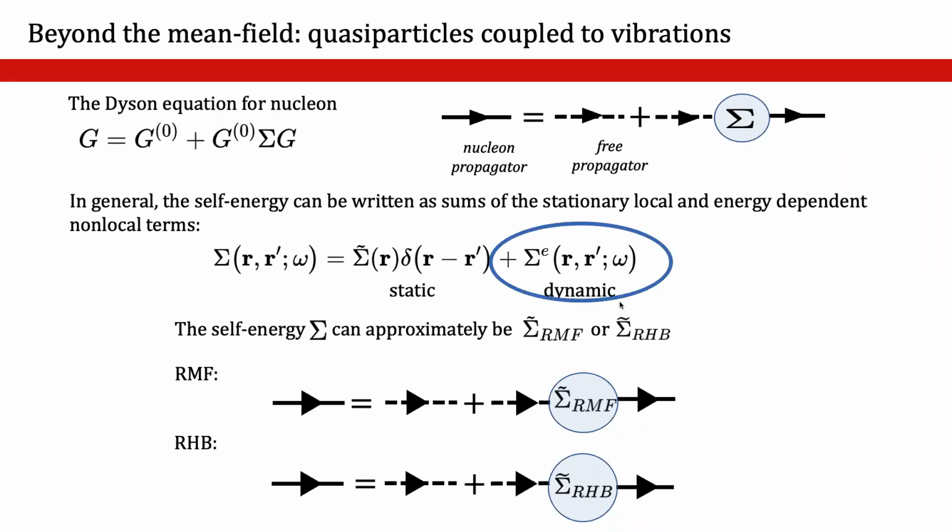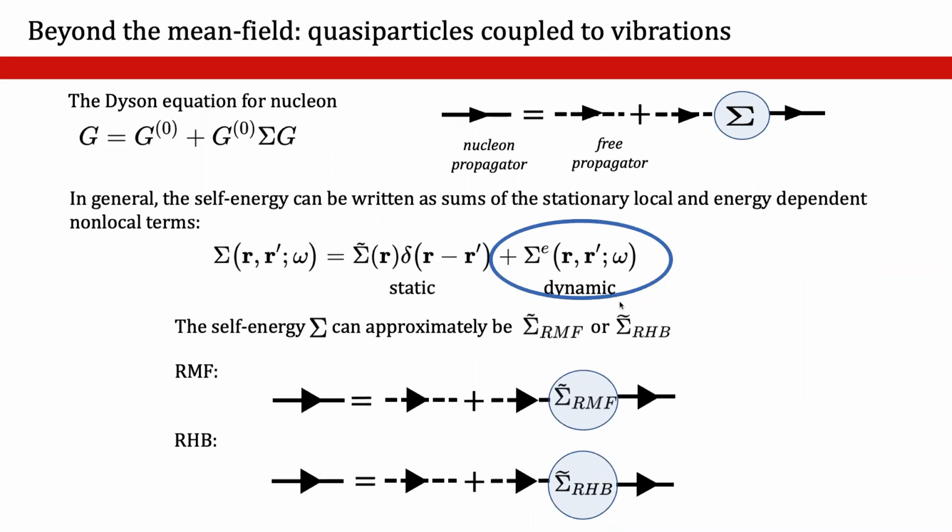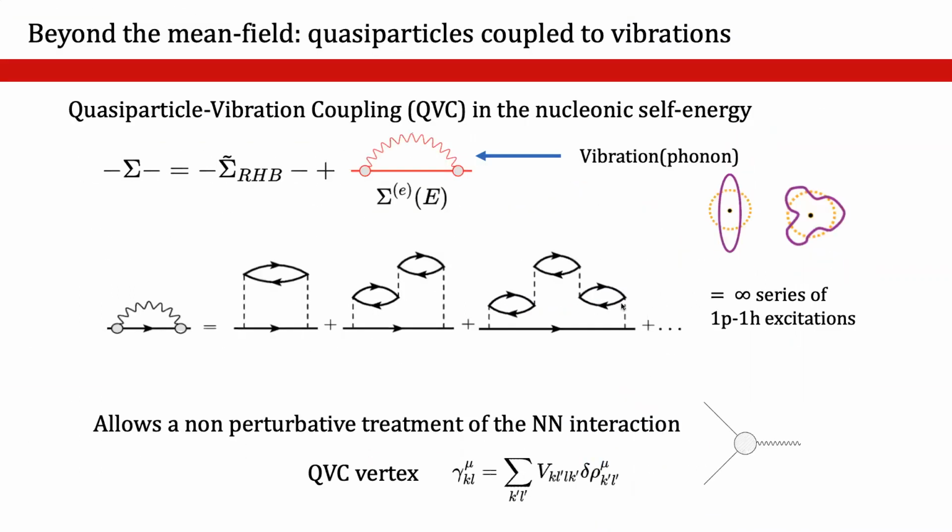Yes, that's our work, the way we include the correlations. In principle, the dynamic self-energy can include all many-body correlations without any approximation. It's accurate at this step.